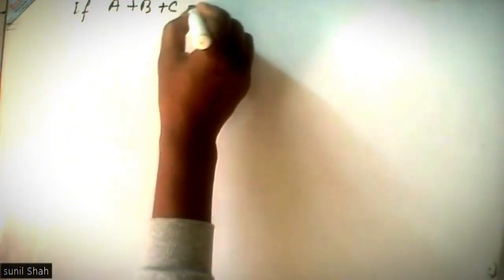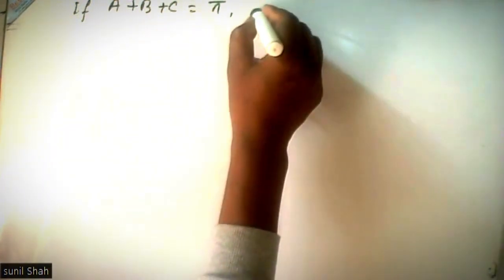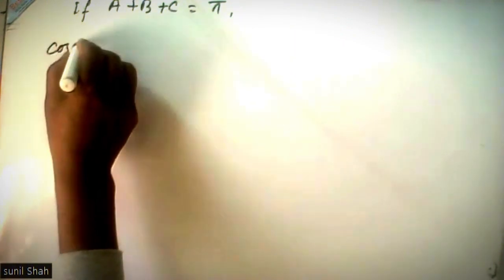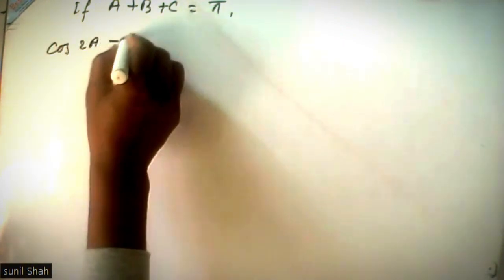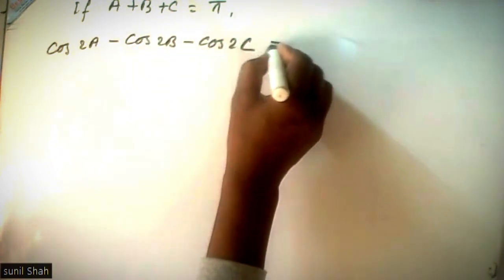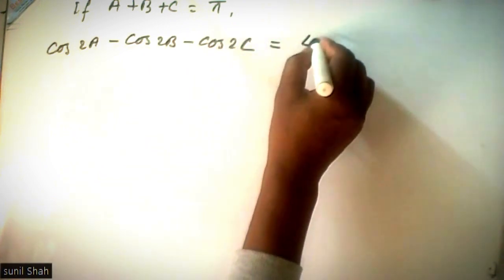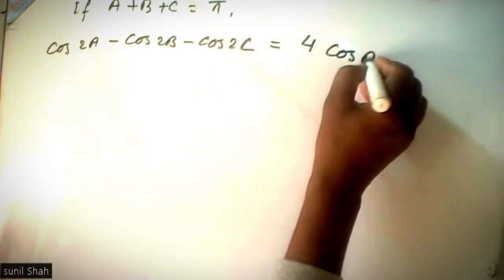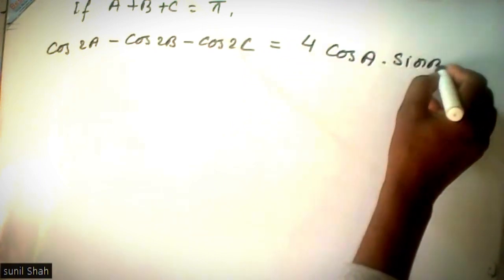Again, a plus b plus c is equal to pi. Then prove that cos 2a, cos 2b, cos 2c. Prove that if a plus b plus c is equal to pi, then prove that cos 2a minus cos 2b minus cos 2c is equal to 4 cos a into sin b minus 1.